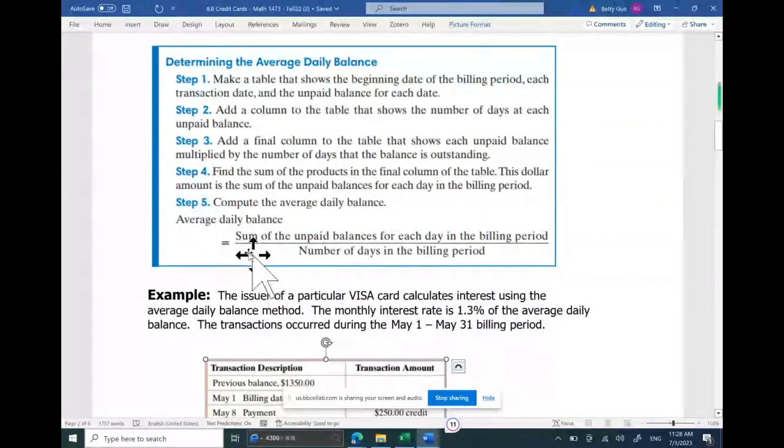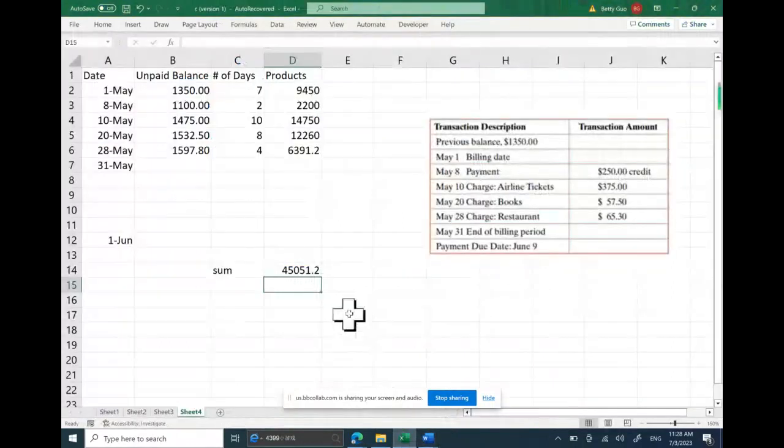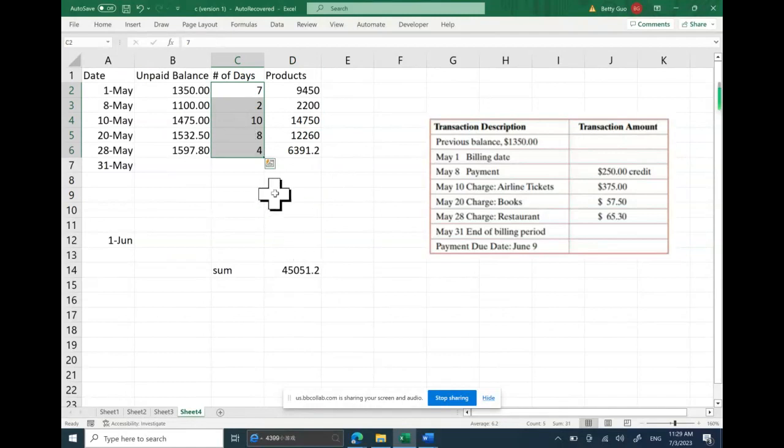For computing average daily balance, the numerator is the sum of the unpaid balances for each day in the billing period, for all the 31 days. So this is the total balance over 7 days, and those are the balances over the 2 days. Those are the balances over the 10 days. Make sure those numbers add up to 31 because we have 31 days in May.